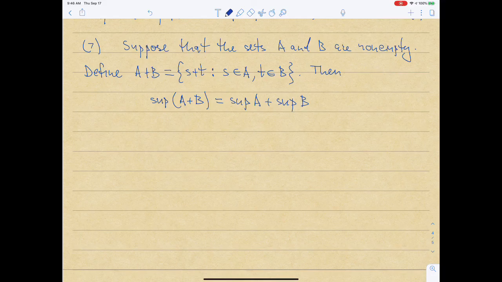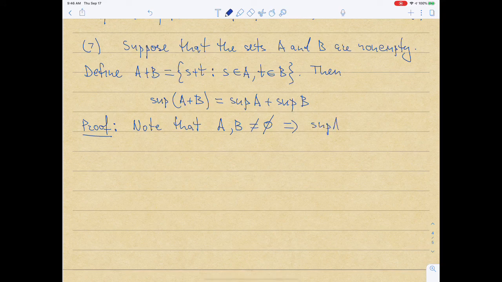Okay, so proof. The first thing I'm going to note is that A and B being non-empty implies that the supremum of A and the supremum of B both cannot be equal to minus infinity.